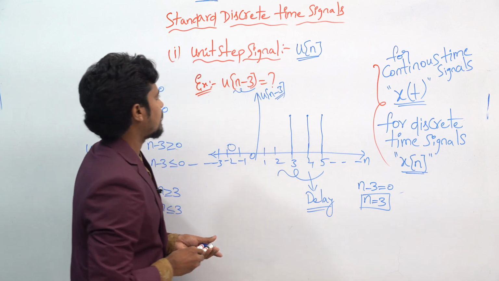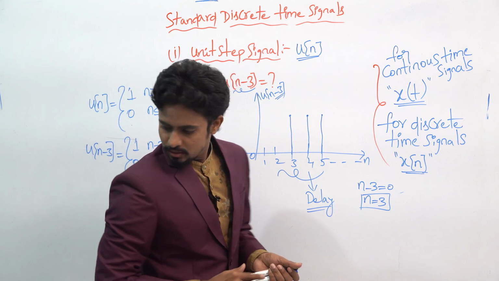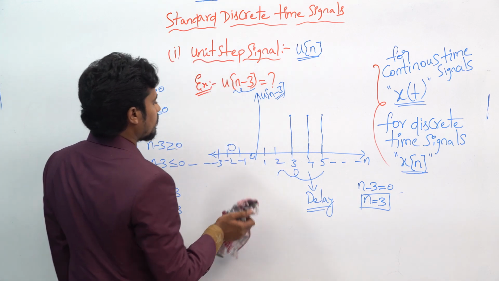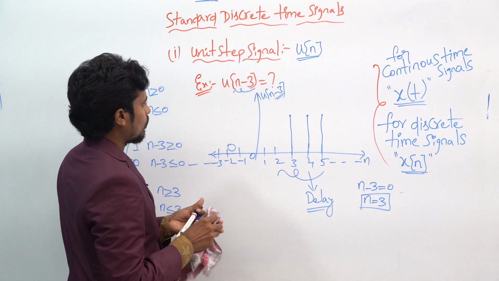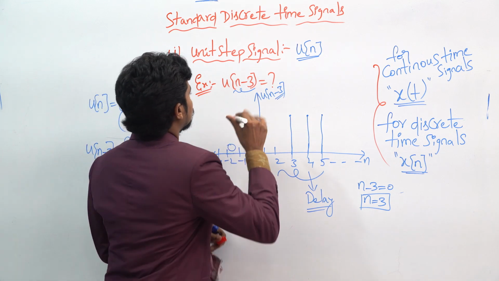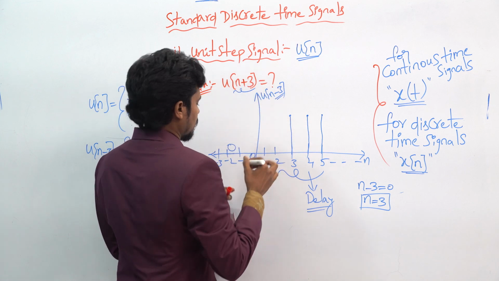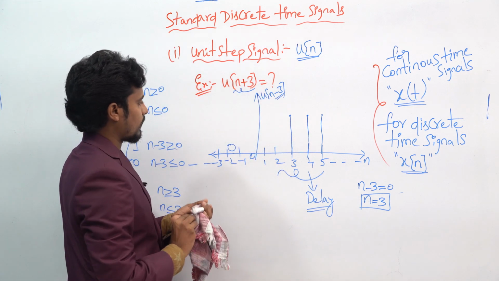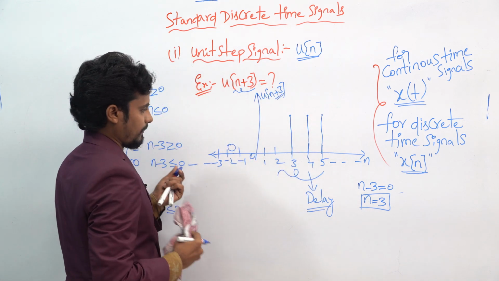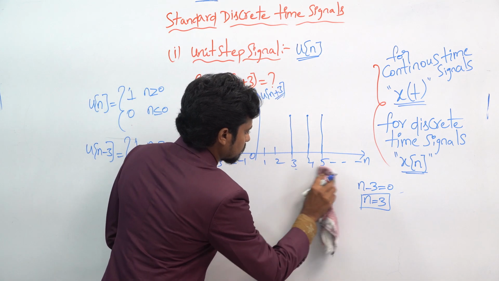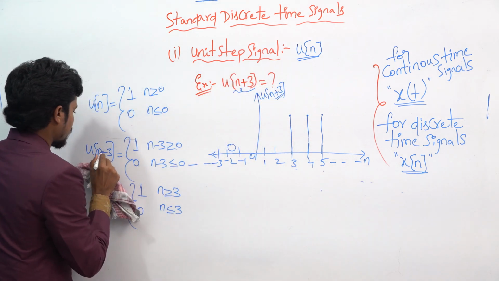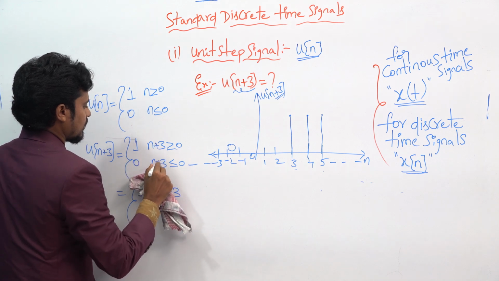Now let's see one more question based on this discrete unit step signal. If I want to place n plus 3, what will happen? This will become u of n plus 3.